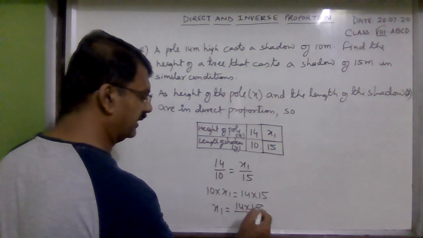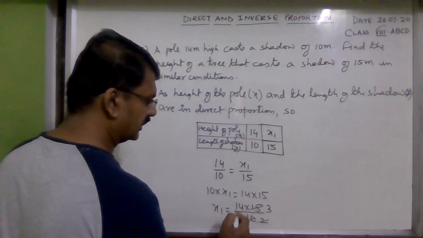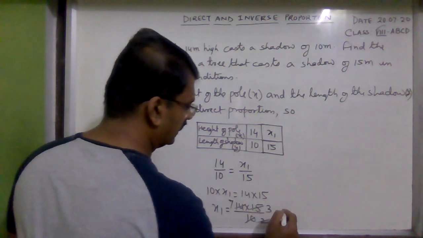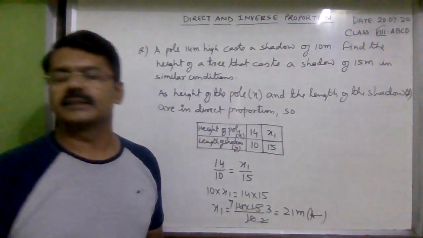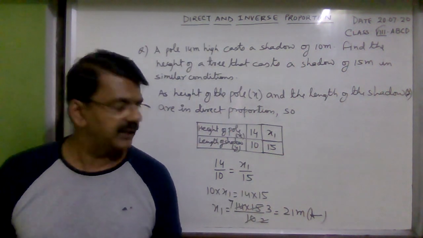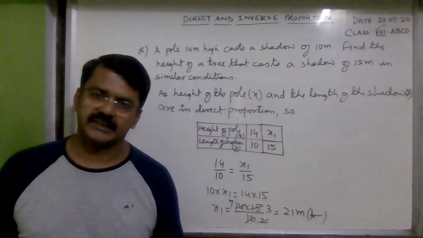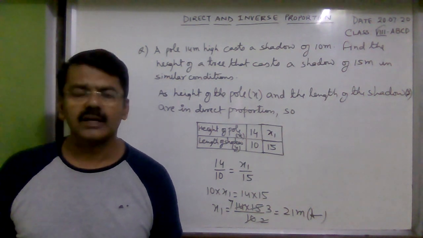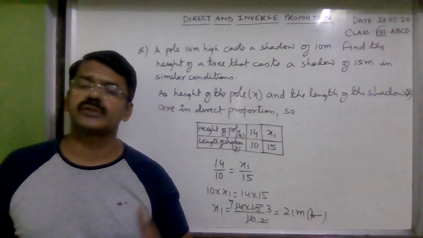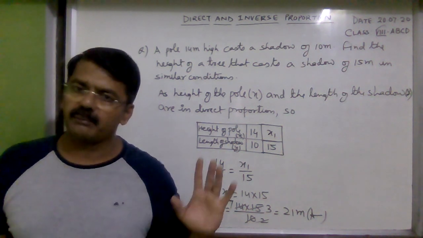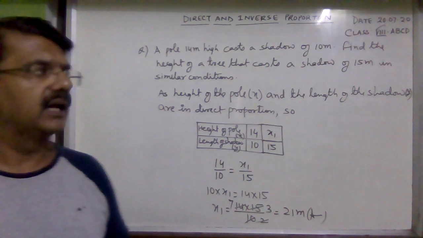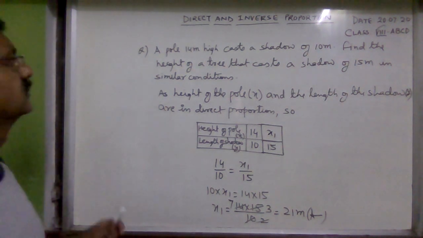You cancel it by 5, then 7, 21 meter is your answer. So the height of the tree will be 21 meter. That is the answer. Clear? So you can see in each and every question, if the quantities are in direct proportion, then we apply the same method. Clear? Now the next question.